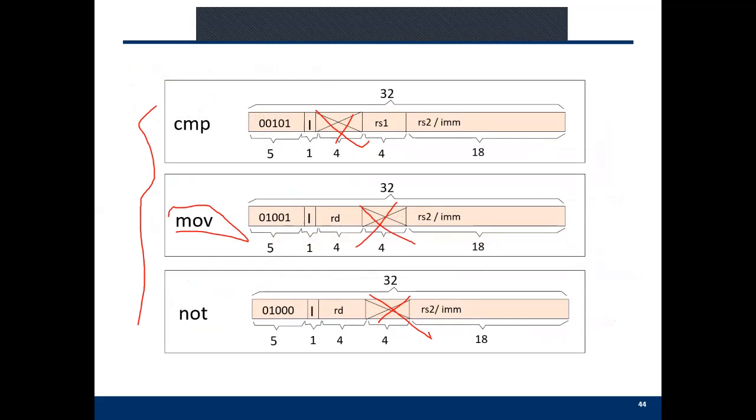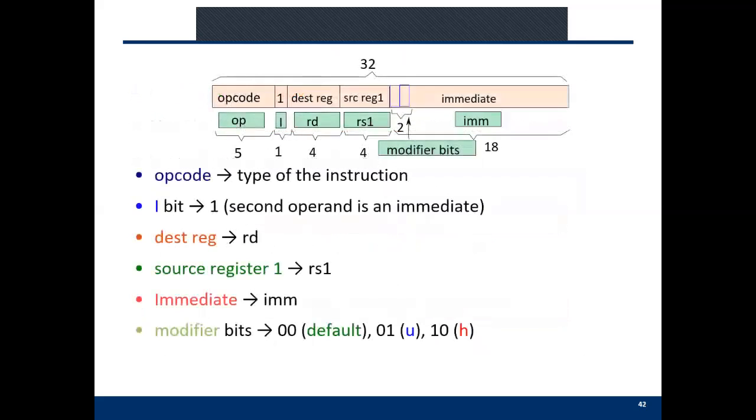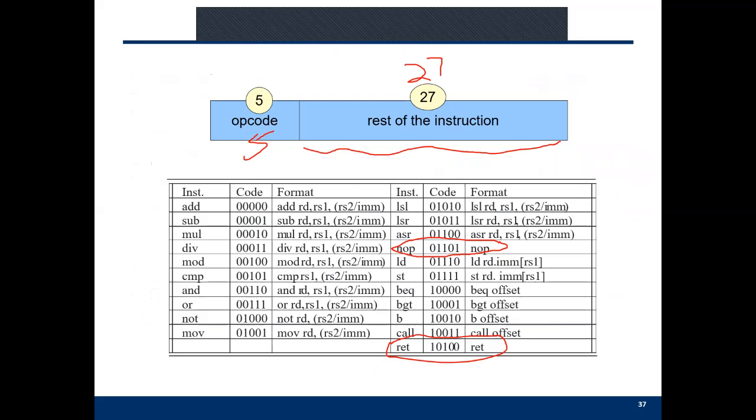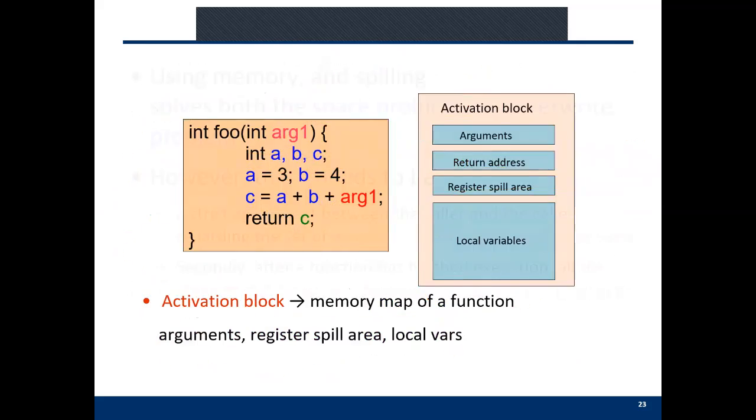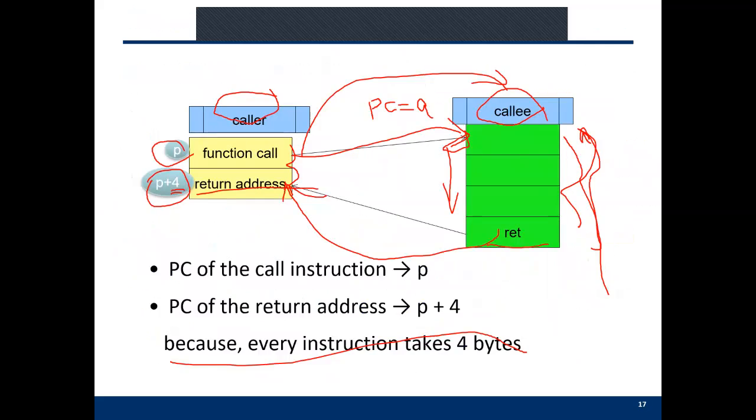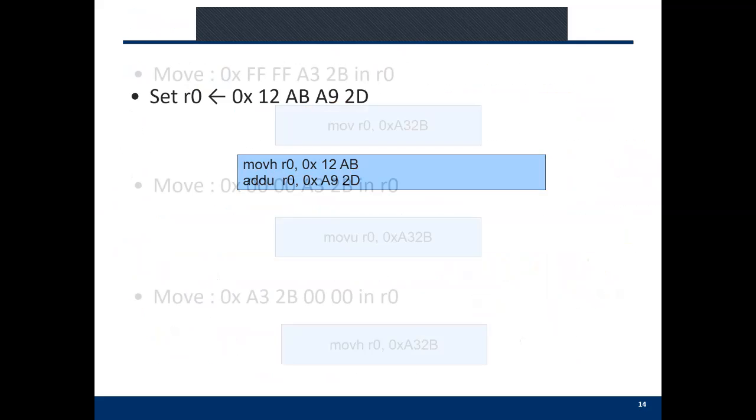You can use the move instruction to move some immediate number to the register. So here is the register name. And for the move, of course, you can move 18 bits of data. If you want to do 4 bytes, how can you do that? I think I explained this. I would like to remind you that you have the move H instruction. So you do 16 bits at a time. That's right.